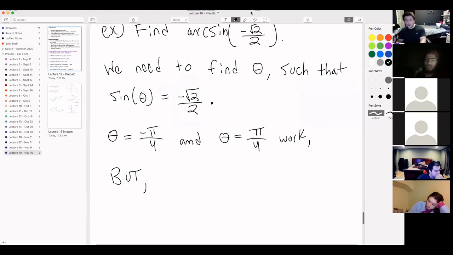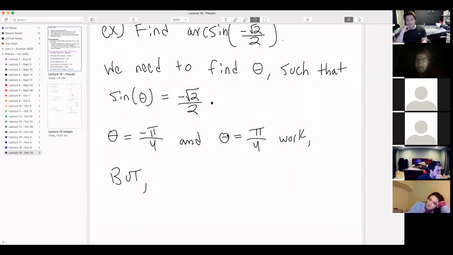Sorry, I know I'm tripping up here. Theta equals pi over 4 does not work because sine of pi over 4 is positive square root of 2 over 2. So this does not work, never mind.